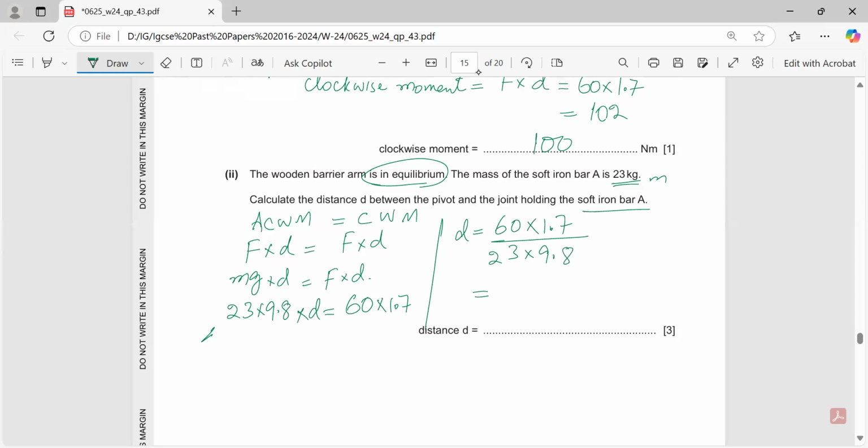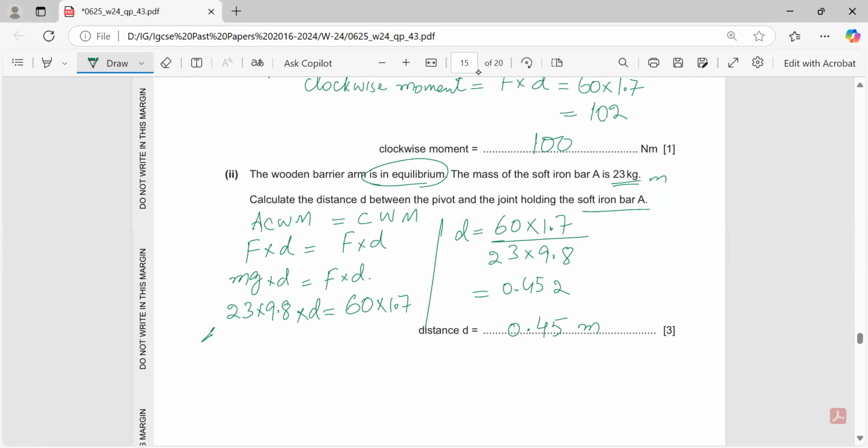Let's check what is the answer. This is 102 divided by 23, and this again divided by 9.8. So the answer is 0.452. So I can simply write 0.45 meters.